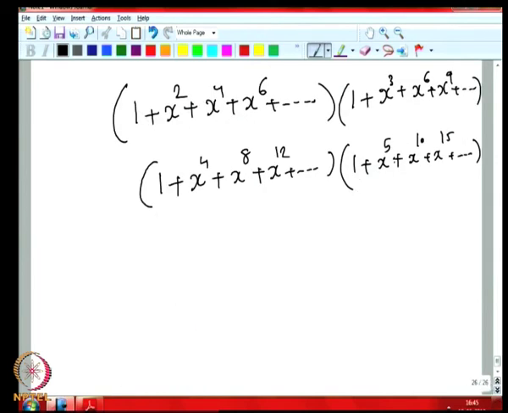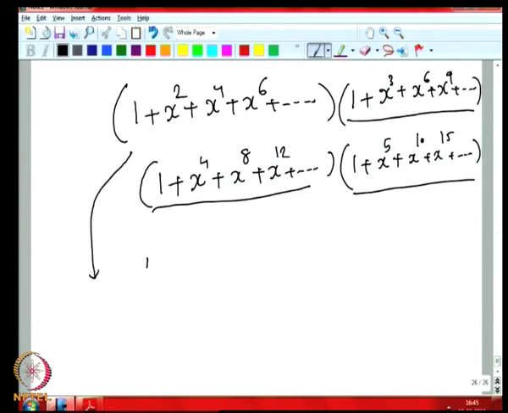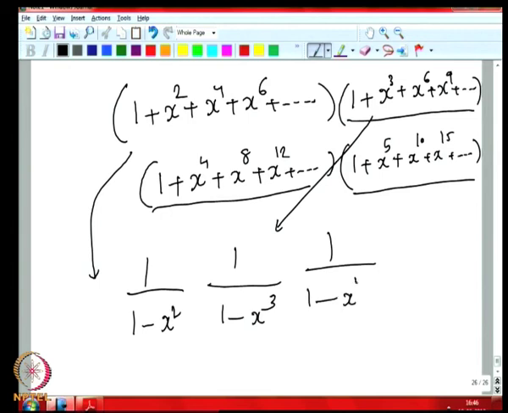The power of x here is always a multiple of 5, the power of x here is always a multiple of 4, and the power of x here is always a multiple of 3. Now, we can simplify this. This is going to be 1 by 1 minus x square, this one is 1 by 1 minus x cube, this is 1 by 1 minus x raised to 4, and this is 1 by 1 minus x raised to 5.